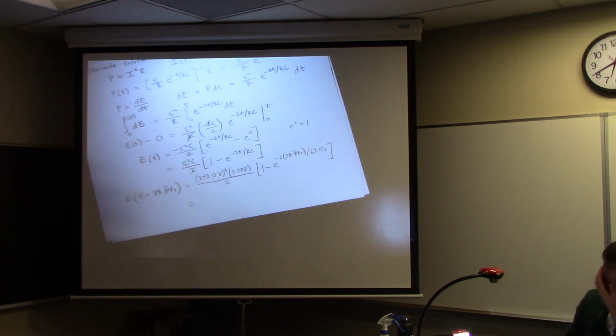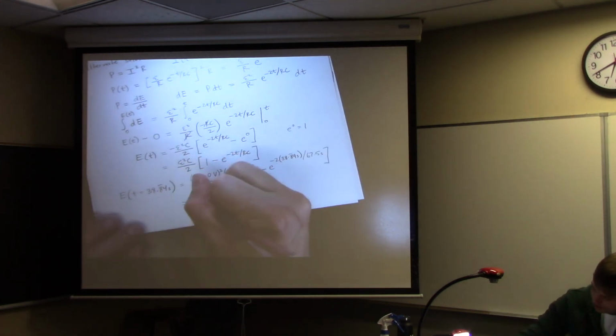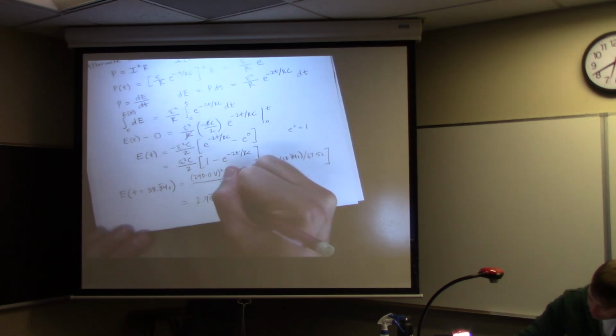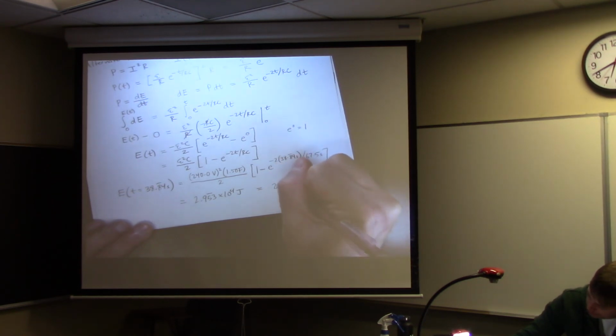Okay. So take a second to calculate this. And what you should be coming up with is 2.953 times 10 to the 4 joules, round to 3 sig figs, 2.95 times 10 to the 4.